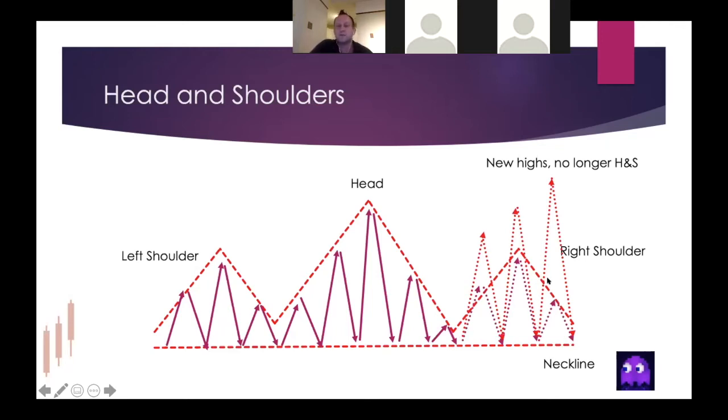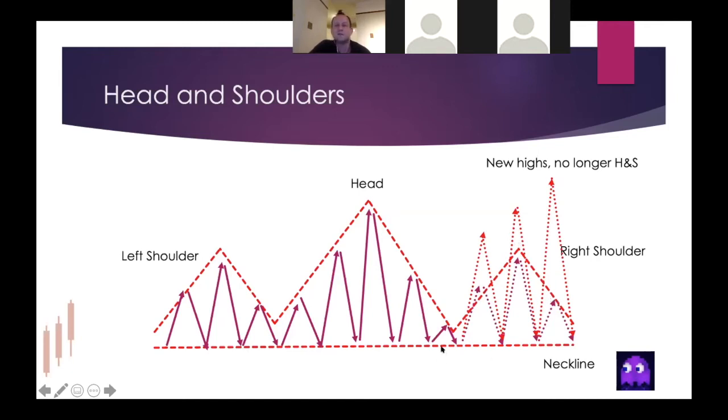We could eventually break new highs, in which case, again, that is no longer a head and shoulders pattern. You're no longer seeing that loss of momentum and failure to make new highs, and the pattern is completely broken. So if you jump the gun and anticipated seeing this head and shoulders, and maybe you shorted somewhere around here, you could be in trouble.